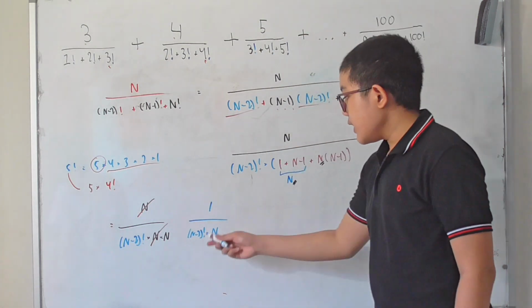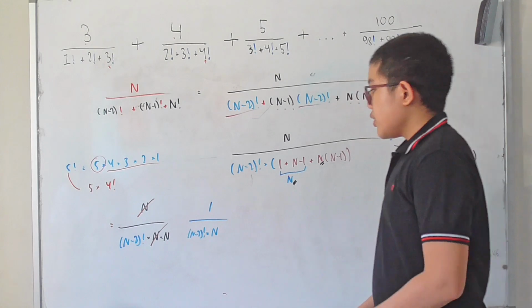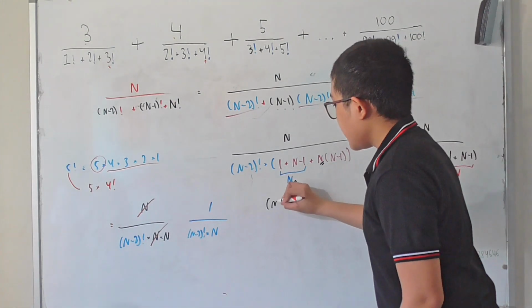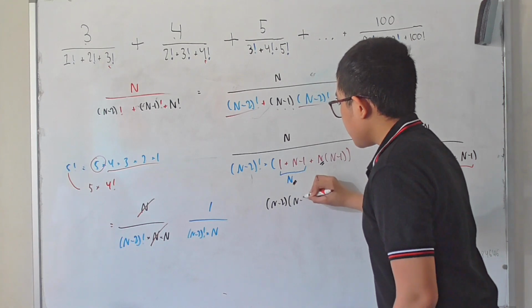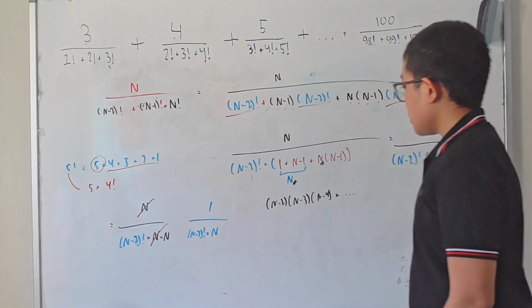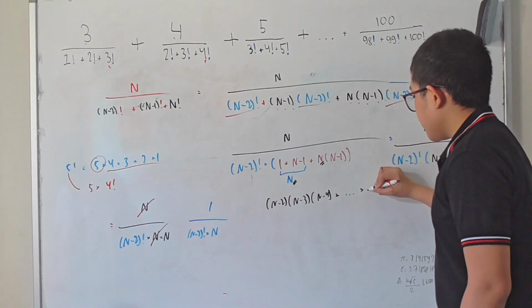And we can evaluate this even further. So let's take a look at this. n minus 2 factorial. So we can say n minus 2 times n minus 3 times n minus 4, and so on. And then we're going to multiply by n.